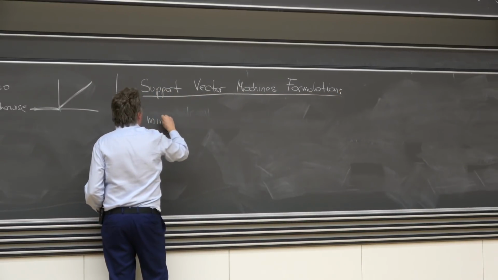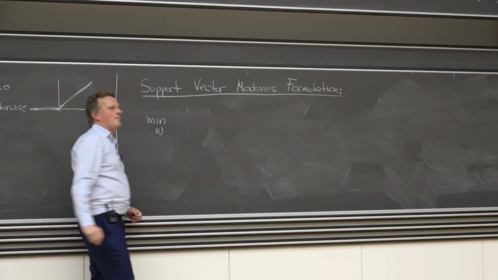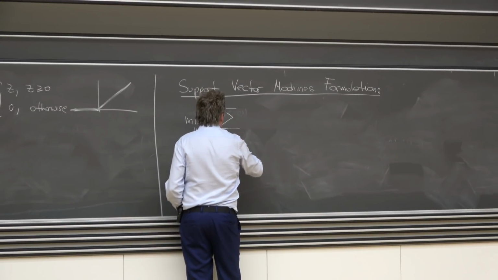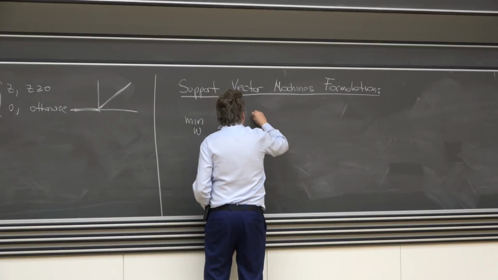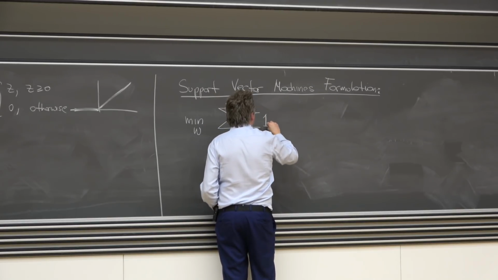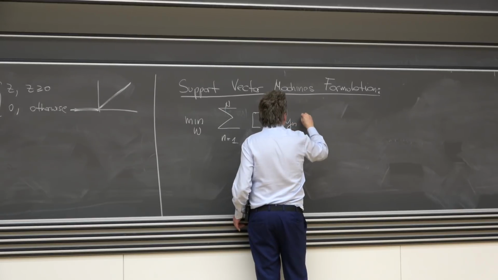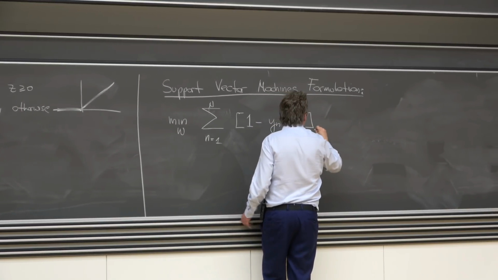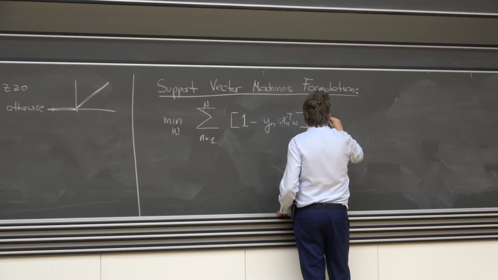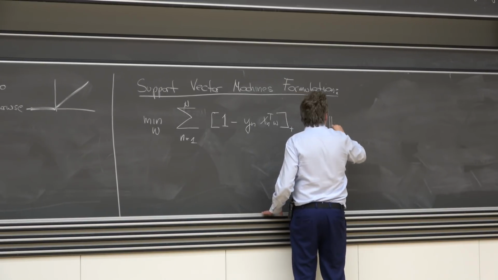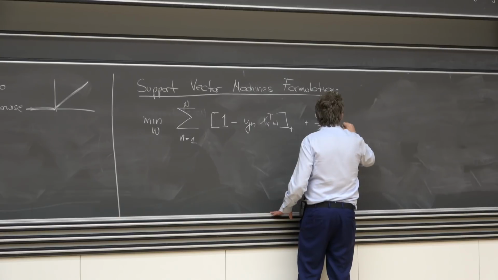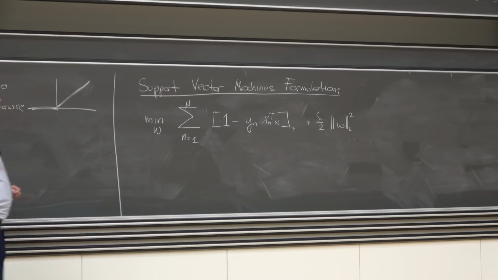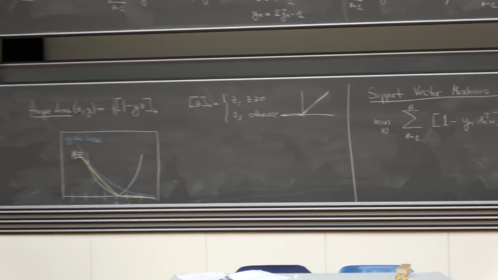So again, you want to minimize over all W exactly this hinge loss. And then we still have a regularization term. So what we want to minimize is this cost function.